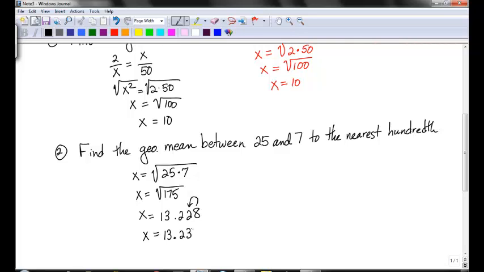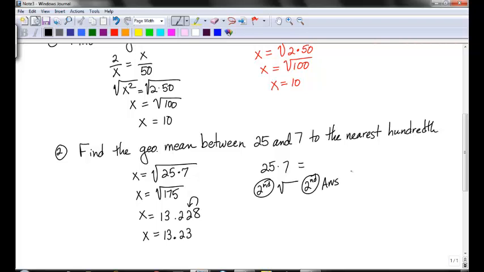Anything that's above the keys. So what we did here was we did the 25 times 7 and then equals, and then we did the second function square root, and then I did second function answer.